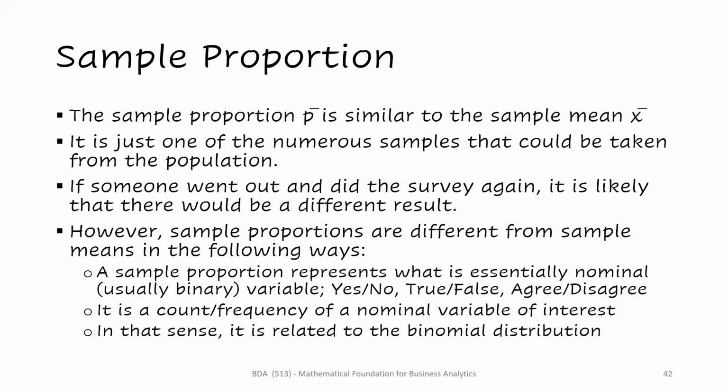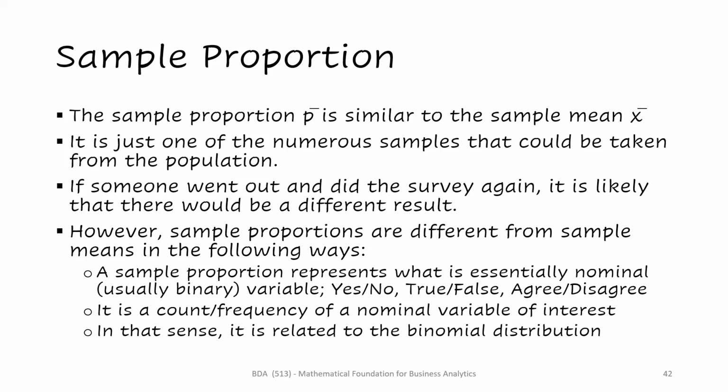Now, sample proportion is similar to the sample mean, but it's not the same. A sample proportion represents what is essentially nominal, that is usually a binary variable. Here we are interested in a binary response: yes, no, true, false, agree, disagree kind of thing.